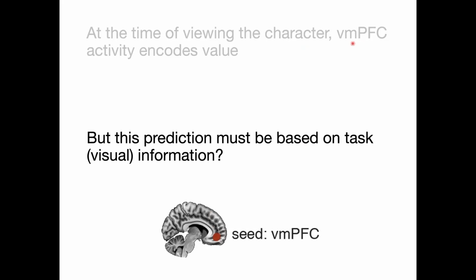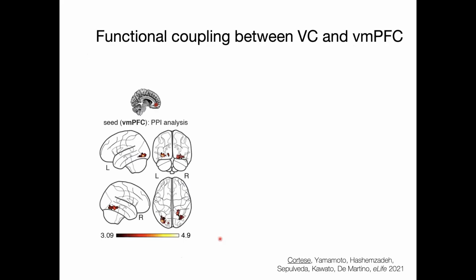We look for areas in the brain that, when seeing the stimulus, might be differentially coupled with the VMPFC on high value or low value trials, so based on the expected value in any given trial. And we see that the only regions that seem relatively strongly coupled with the VMPFC are the visual cortex.